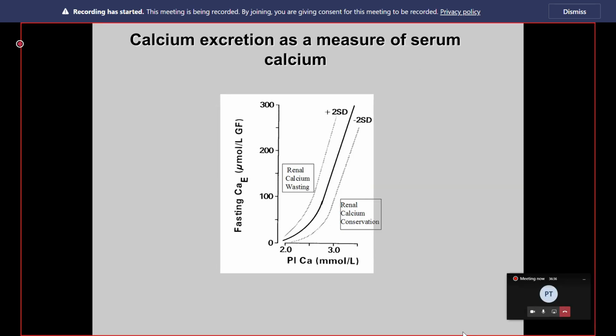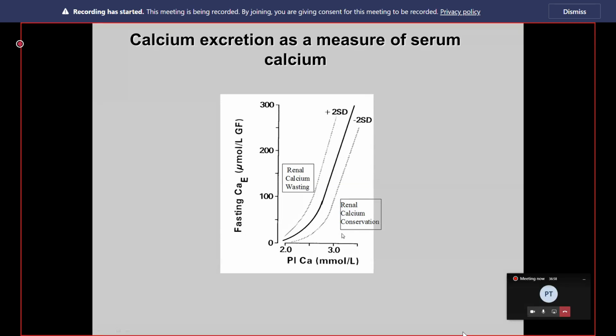So this graph shows you the relationship between plasma calcium and urine calcium excretion. And the normal limits are indicated here. The dotted lines are the 2SD variation.